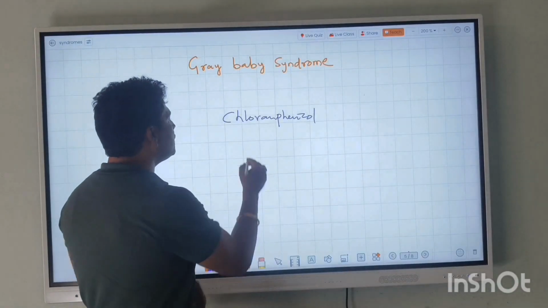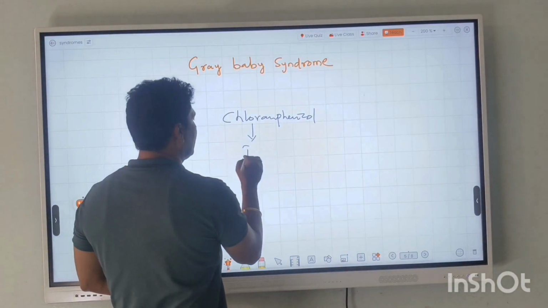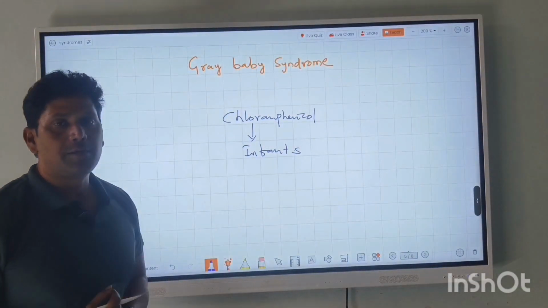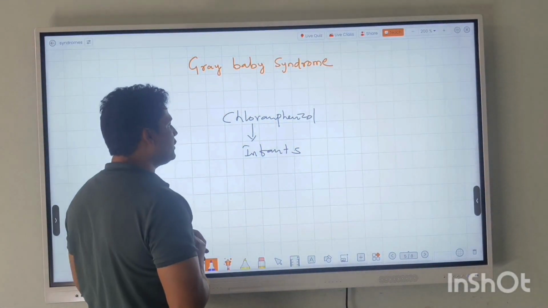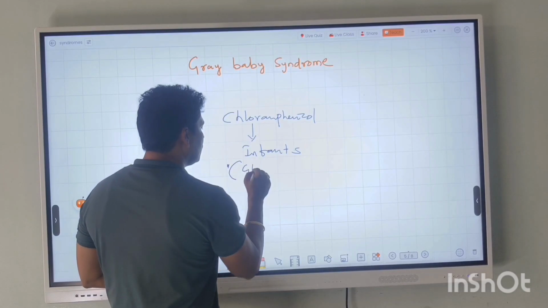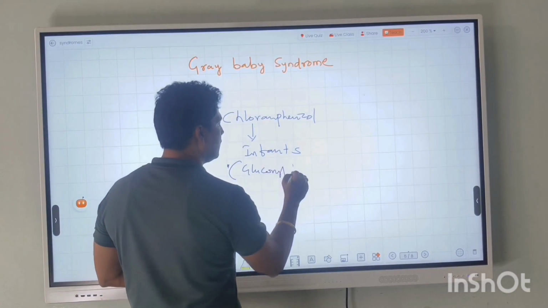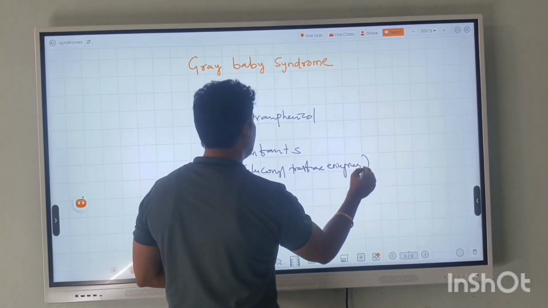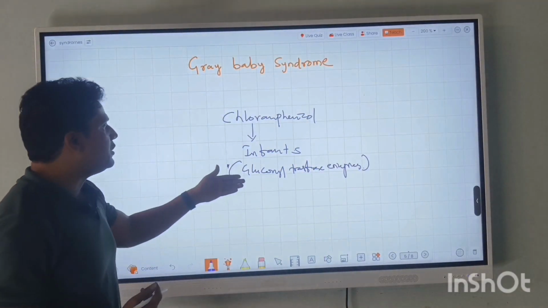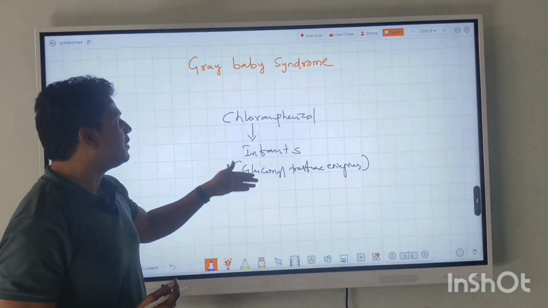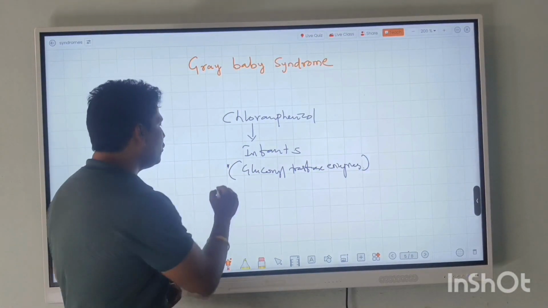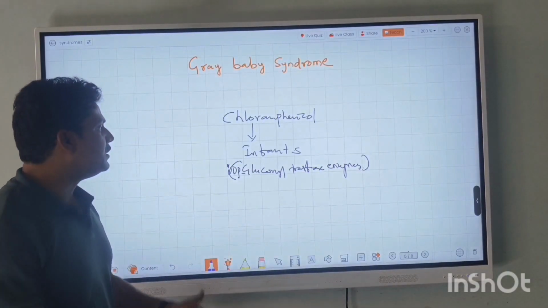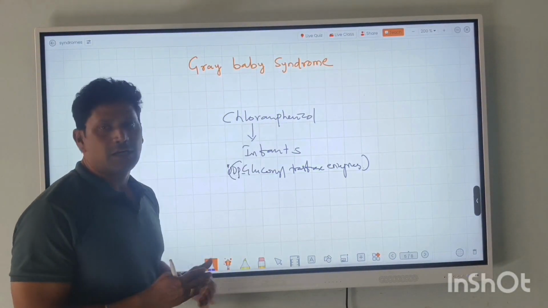But chloramphenicol, when it is given to infants, produces Gray baby syndrome due to the deficiency of glucuronyl transferase enzyme. This enzyme is absent in infants. This enzyme, UDP glucuronyl transferase, is essential for the metabolism of chloramphenicol.